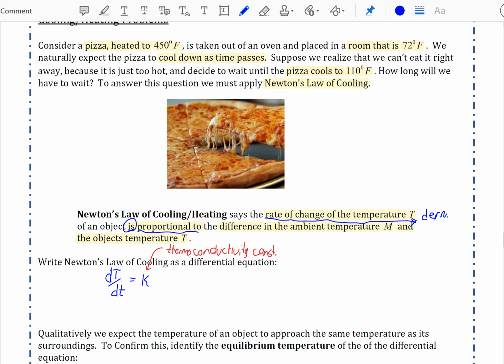It's proportional to the difference in the ambient temperature and the object's temperature, which our author has written as M minus T, where the thermal conductivity constant K is greater than 0.